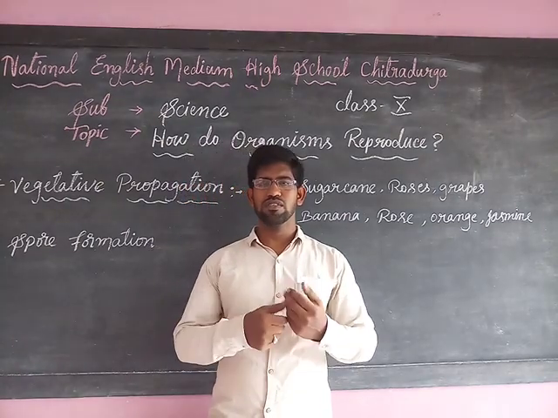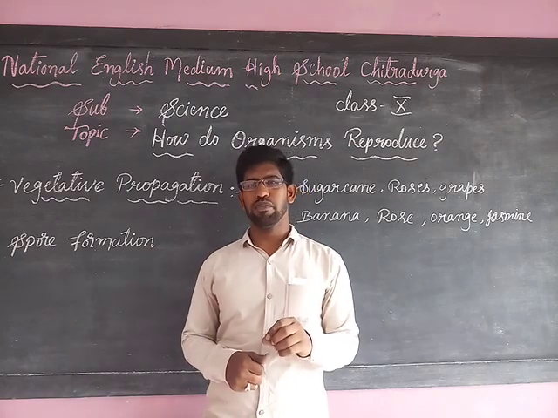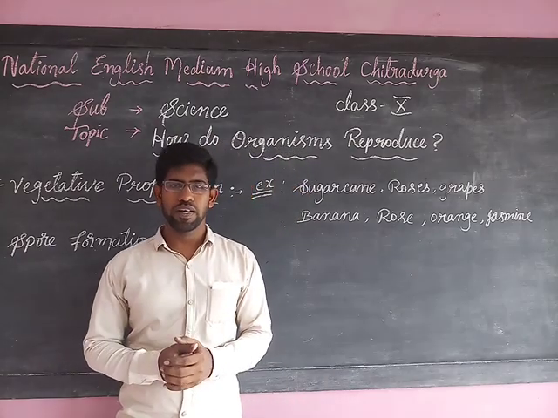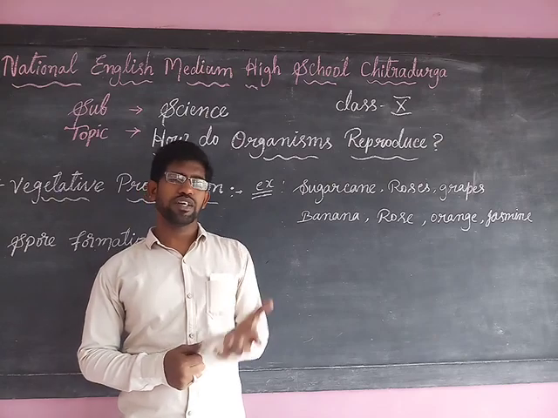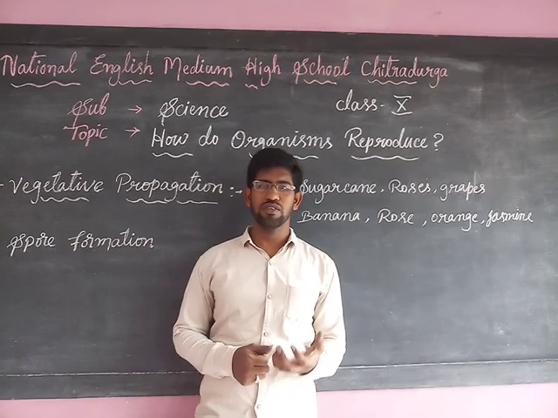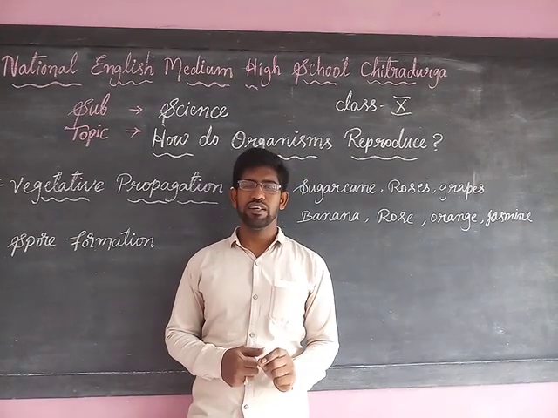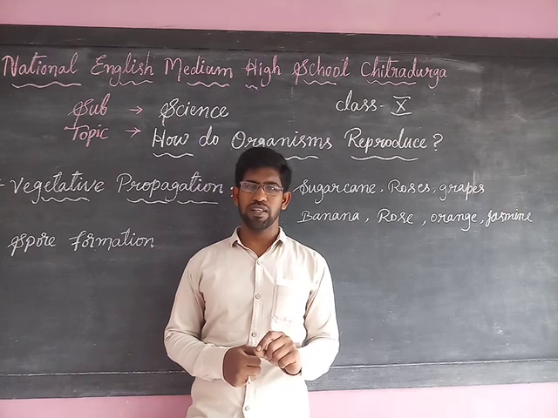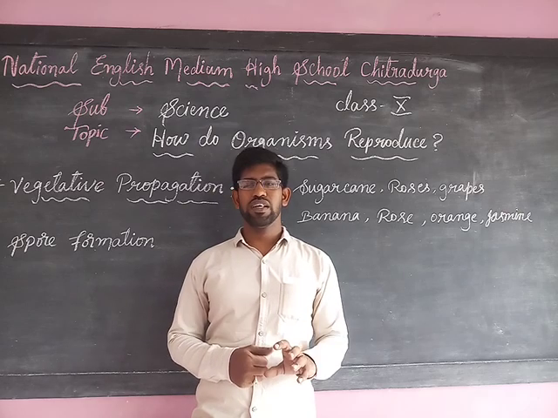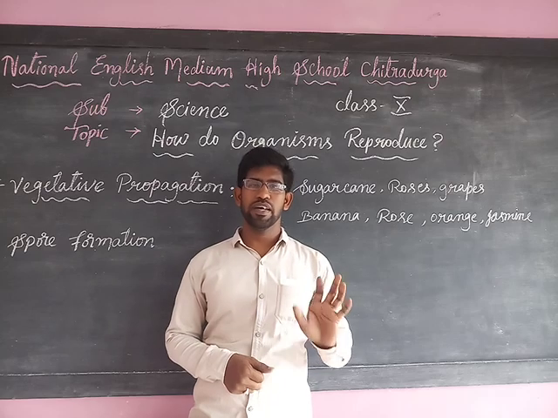So without seeds also we can grow plants with the help of vegetative parts, in the method of vegetative reproduction. Understood? One more very important point about growing crops by vegetative propagation is that the individuals growing by this method are genetically identical, genetically similar to the parent plant.